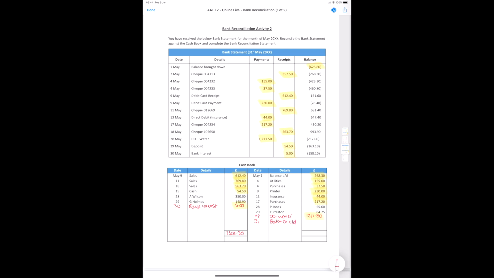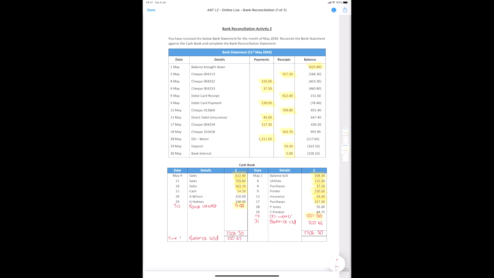We'll add in the difference there, which is £200.45. That will ensure that both of our columns now match. And we can add on June the 1st, our balance brought down, £200.45.